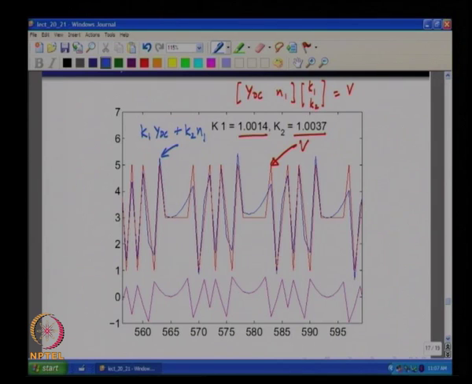Okay. All right. So this is the best fit to the quantizer output. And how do you think I got that?